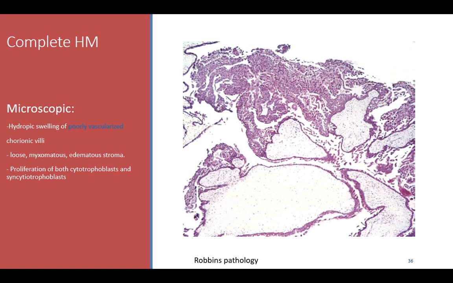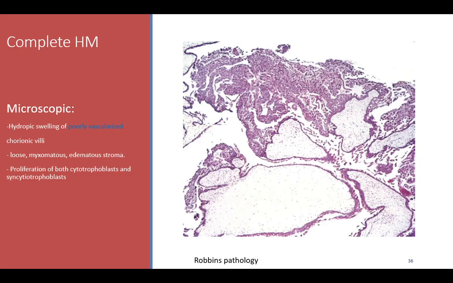See the difference between the two. In complete mole, all the villi are edematous, enlarged. In partial mole, some villi. In complete mole, all the villi are huge and edematous; some villi in partial mole. In complete mole, all the villi show hyperplasia of the trophoblast.